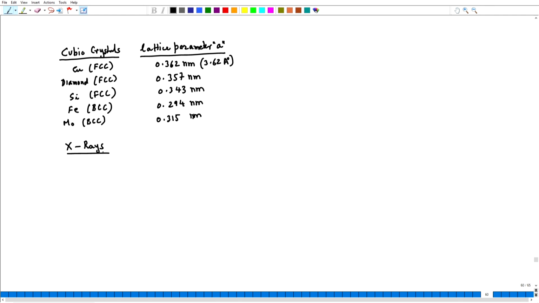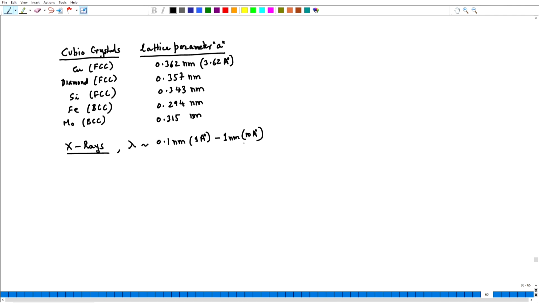Now, typically wavelength of X-rays, lambda, varies between 0.1 nanometers, or one can write 1 angstrom, to about 1 nanometer, that is about 10 angstroms.